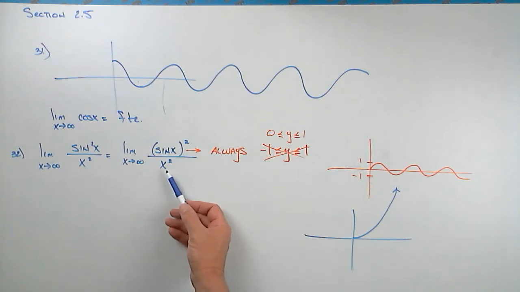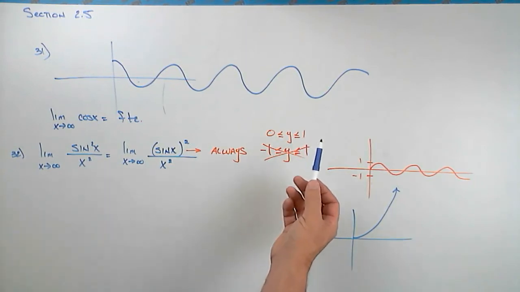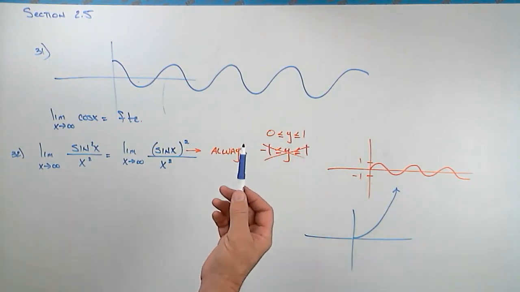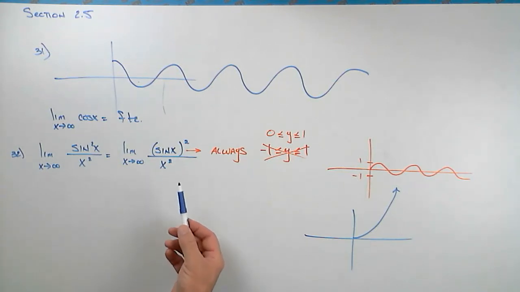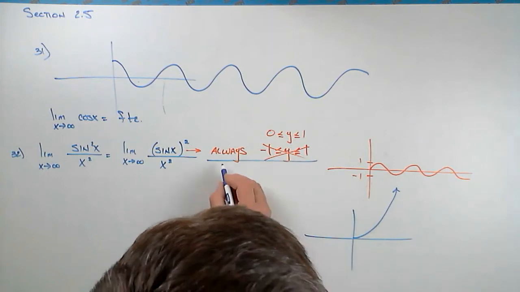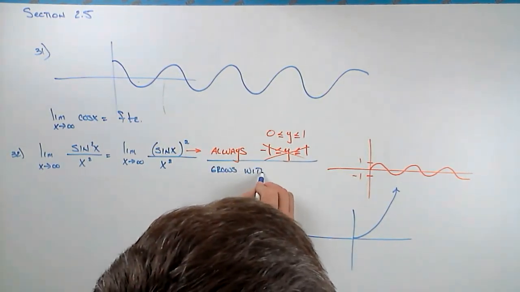But the denominator is growing without bound. I don't know what my numerator is, but I know it's no bigger than 1 and it's no smaller than 0. But the denominator is huge. The denominator grows without bound.